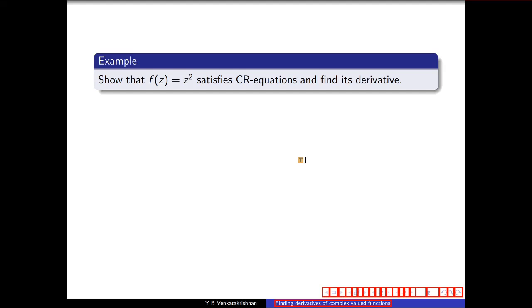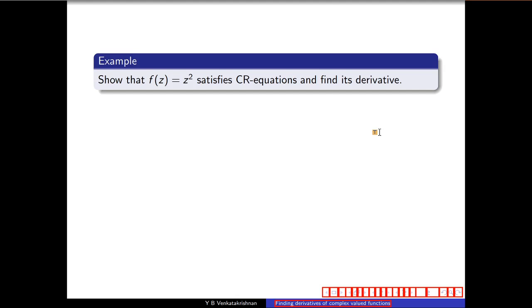And the complex space is a superset of real space. Here when I take the imaginary part to be 0, then the complex valued function will be a real valued function. And when it is a real valued function, then automatically the derivative should coincide. So our guess is that the derivative of z squared should be 2z.